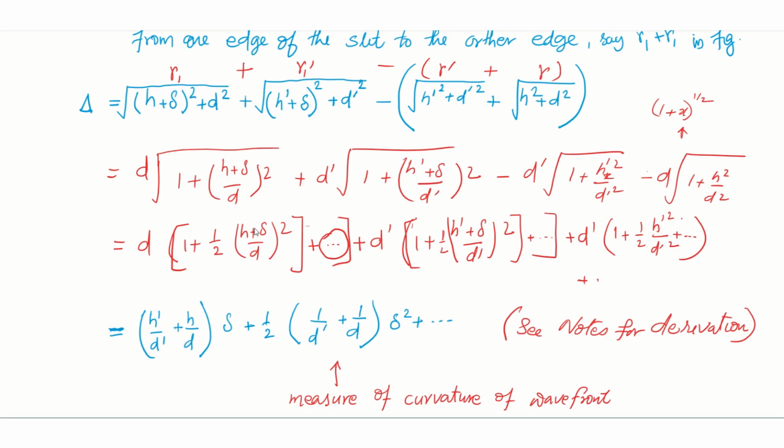Minus d times 1 plus half h squared over d squared plus.